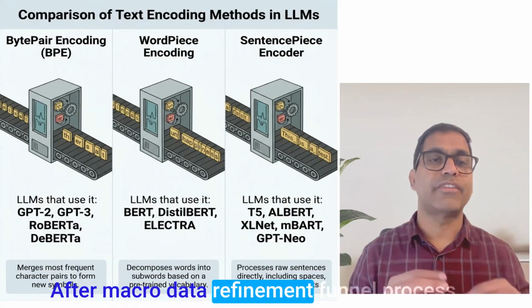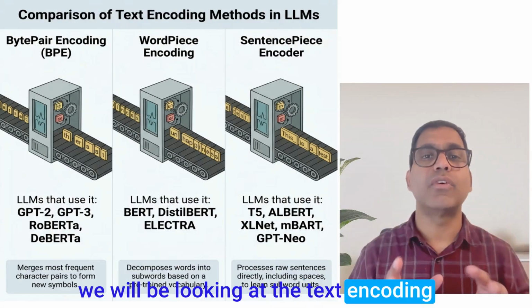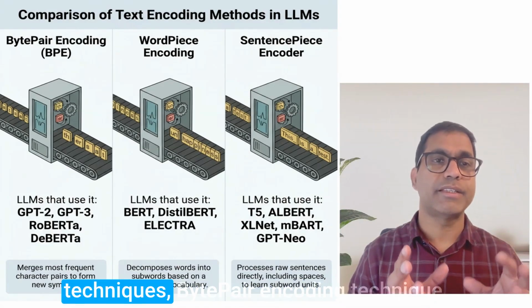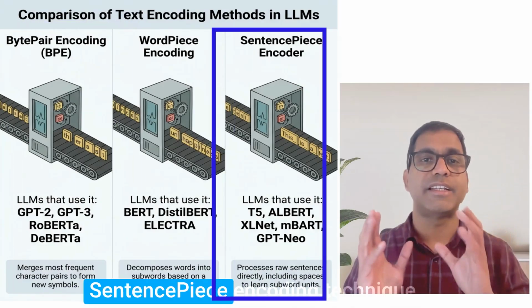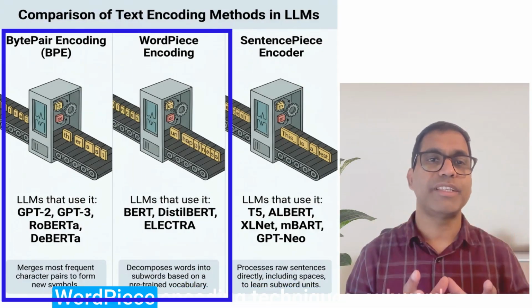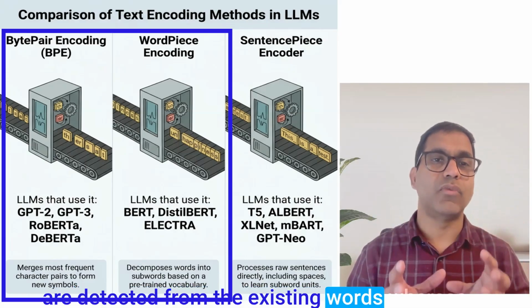After the macro data refinement funnel process, we will be looking at the text encoding methods in large language models. There are 3 types of text encoding techniques: byte pair encoding, word piece encoding, and sentence piece encoding. In byte pair encoding and word piece encoding, subwords are detected from the existing words.